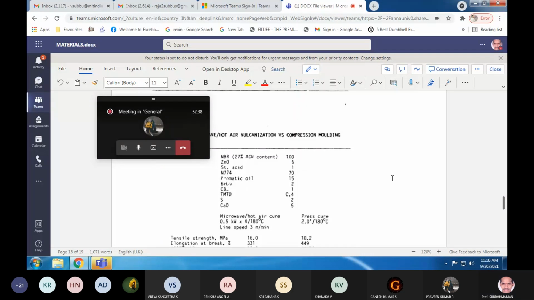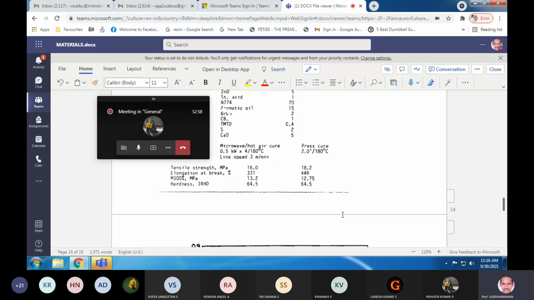All right. CBS, TMTD, sulfur, it should have been the order of addition, should have been just after the rubber, should have been added here, just prior to zinc oxide. Prior to zinc oxide, sulfur should have been listed. Okay. So what does it tell you? So the press cure influence is definitely noticeable. It gives a best tensile strength 18 MPa, elongation 450.